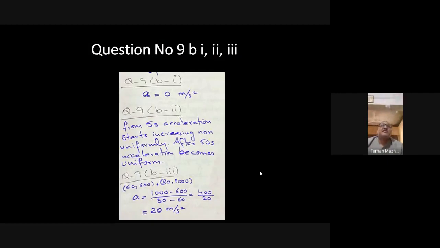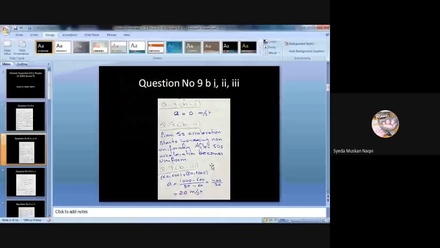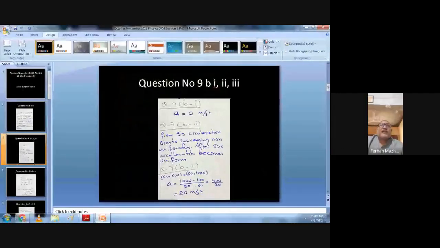After 50 seconds acceleration becomes uniform. Muskan, do you understand this? Yes, sir. Okay. So you can write this answer.